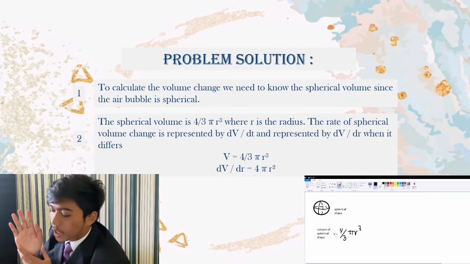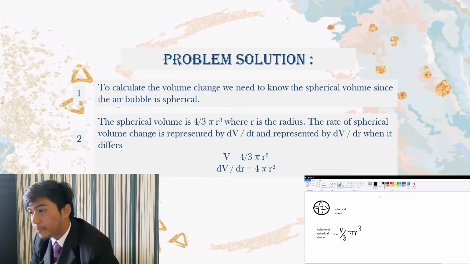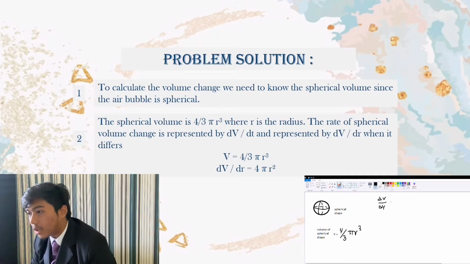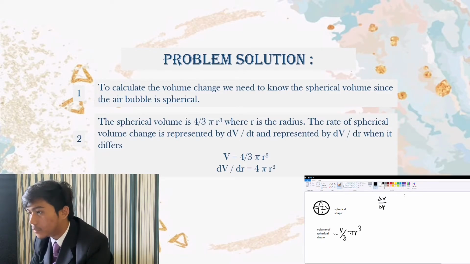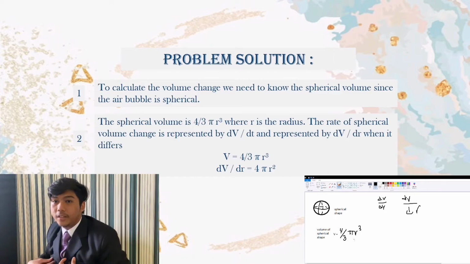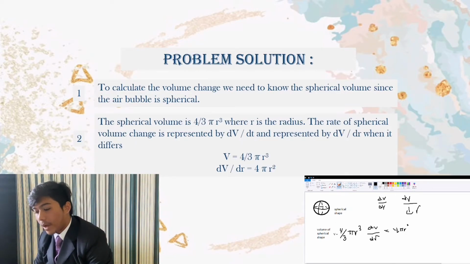The rate of spherical volume change is represented by dV per dt and dV per dr. When we differentiate V equals 4/3 pi r cubed, we get dV per dr equals 4 pi r squared.